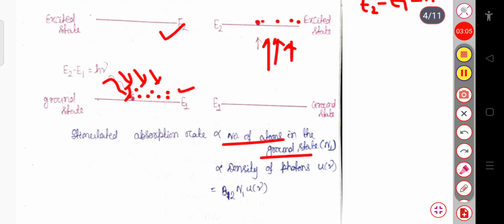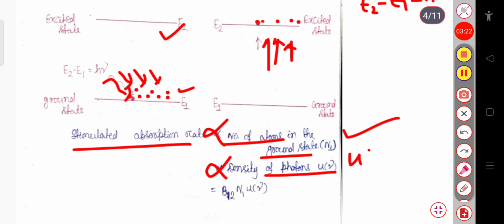So the stimulated absorption rate depends on the number of atoms present in the ground state, n1, and it is also proportional to the density of the photons, u of nu.